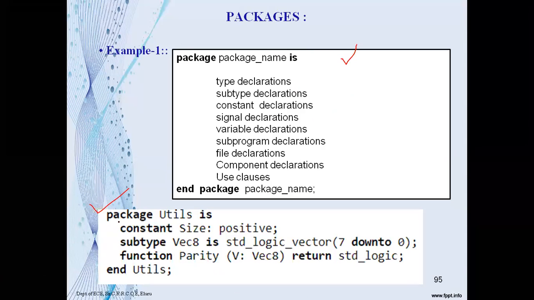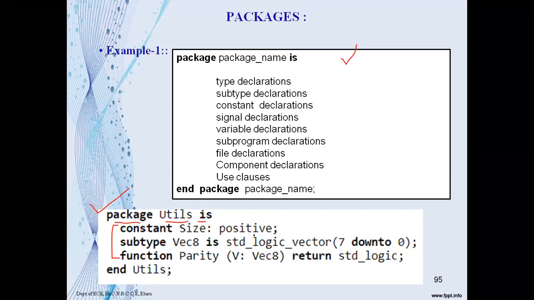See this example: package with the package name. Here we take a user identifier, utilities is, and after starting the package with the package name, we have to define the declarations.